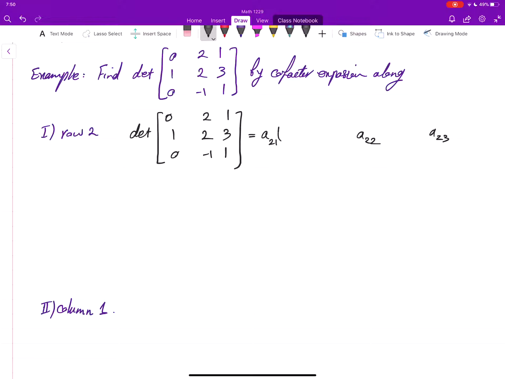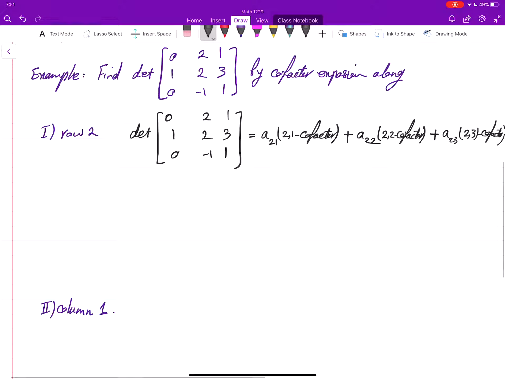Multiply each entry by the corresponding cofactor: a22 times the 22 cofactor, and a23 times the 23 cofactor. Then when you multiply those, add them.